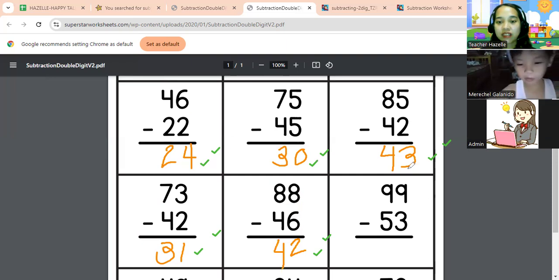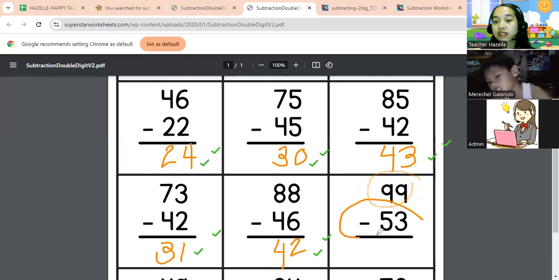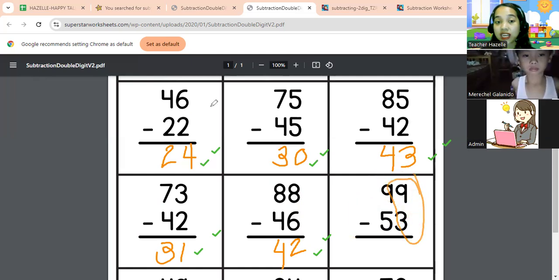All right, can you please read the next problem here? We have 99 minus 53. Okay, let's first start with 9 minus 3 equals how many?